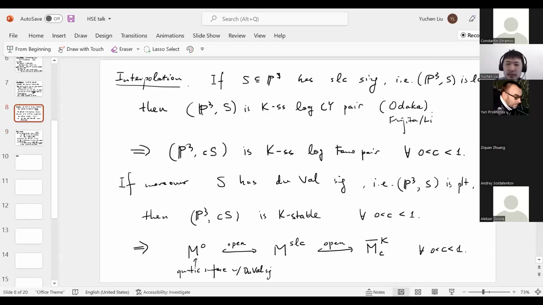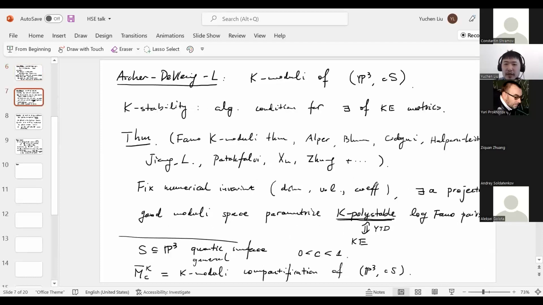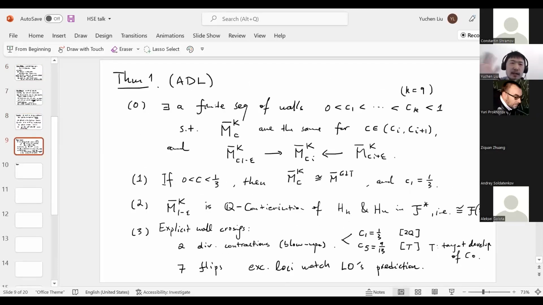So in Lazar-O'Grady, perhaps I didn't say here, if you look at f 1 minus epsilon, then this is exactly this m hat. In some sense, in Lazar-O'Grady, at the end, if your t reaches 1, then these two divisors both blow down to these 2 points at the same time. But for K-stability, we see them at different times.